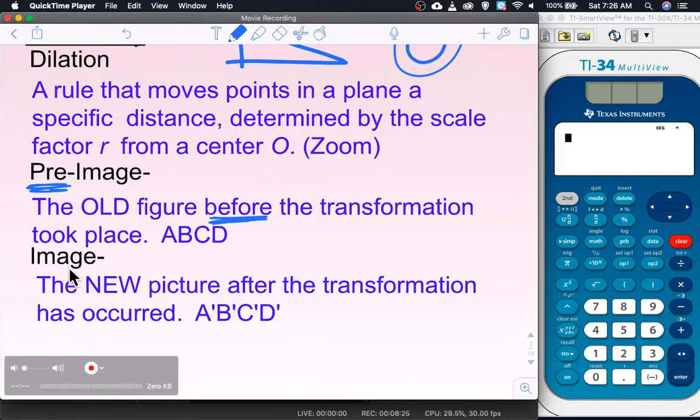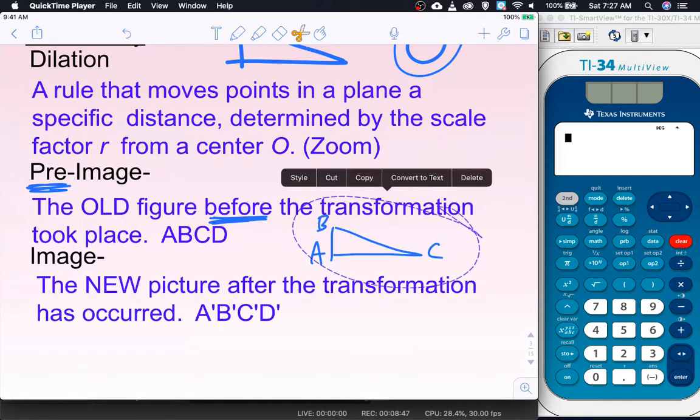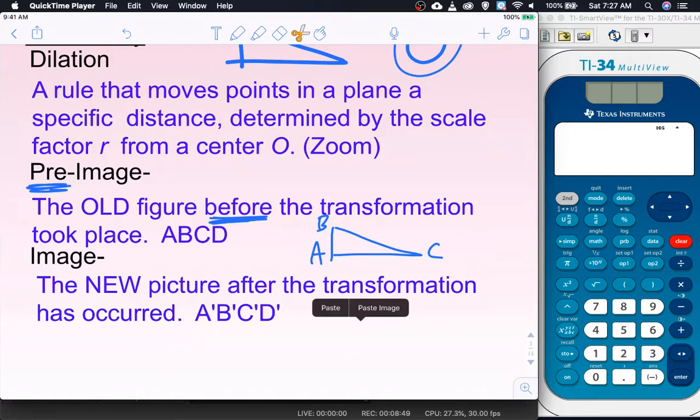The image then would be the new one, the new picture after the transformation. And you see these labeled like A, B, C, D, A prime, B prime. That's how most of the figures are labeled. So if I had a triangle, I'll use that same ugly triangle, I would call it A, B, C. Now, if I took that ugly triangle and I copy, and I'm going to do a translation.